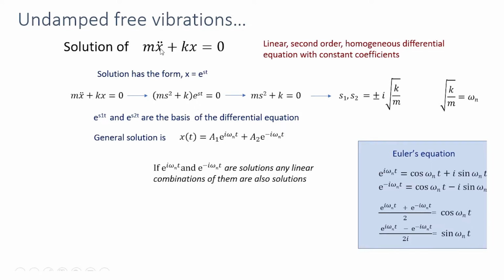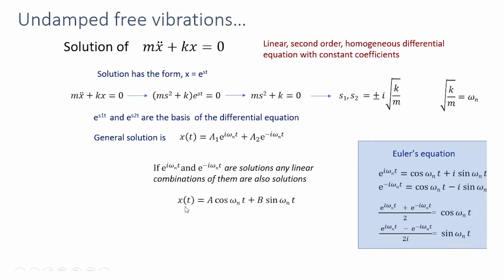These sine and cosine functions are linear combinations of e raised to i omega nt and e raised to minus i omega nt. Because of that, we can say that sine omega nt and cos omega nt are also solutions of our differential equation.